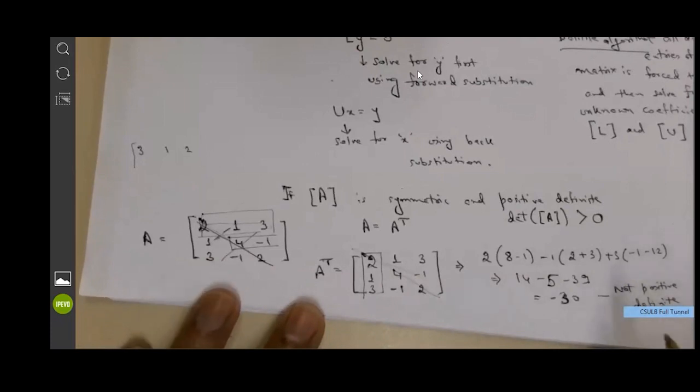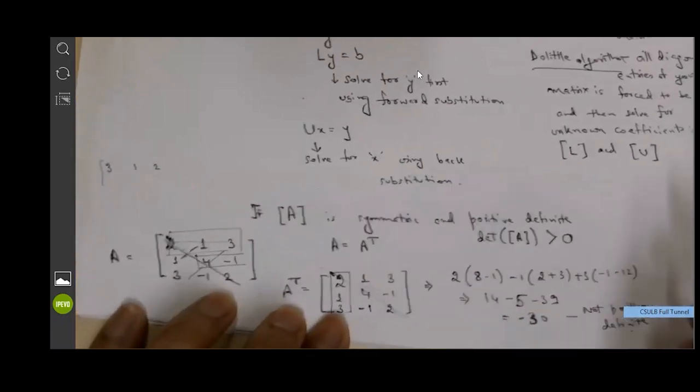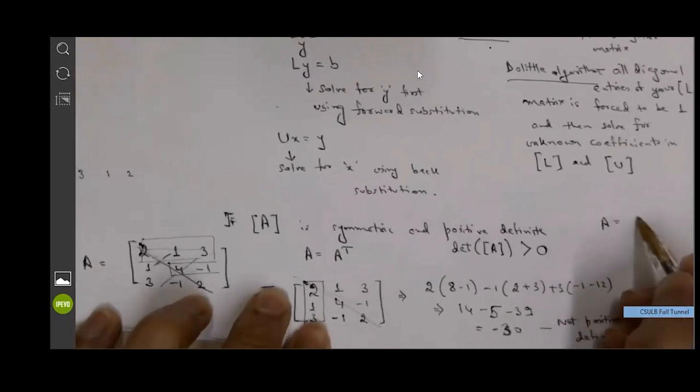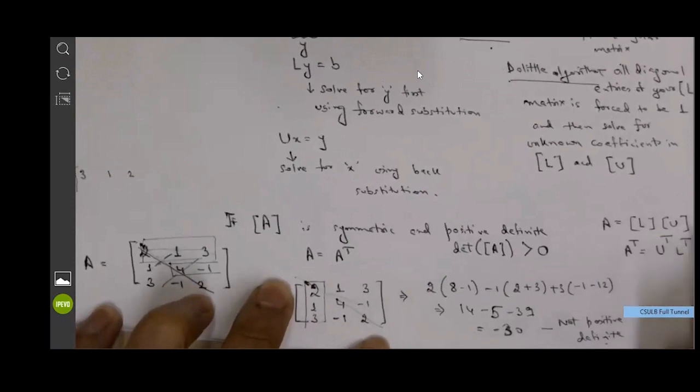Now, if I would have got the A matrix as positive definite, then what would I have seen? A, which is written as L times U, and A transpose would be U transpose L transpose.